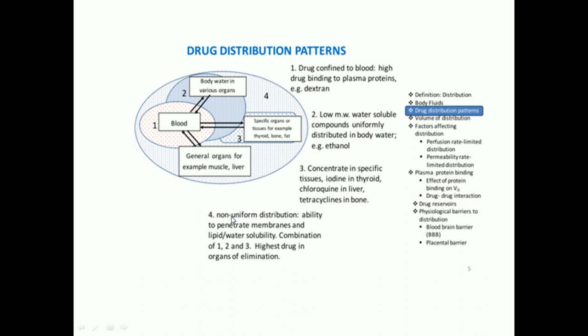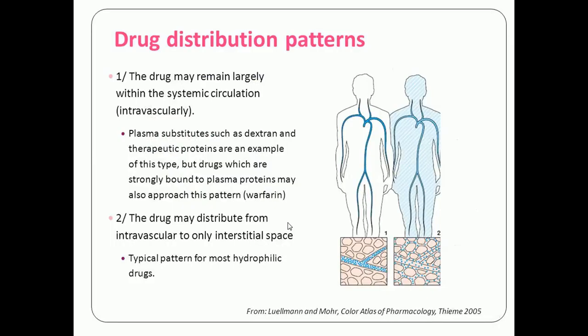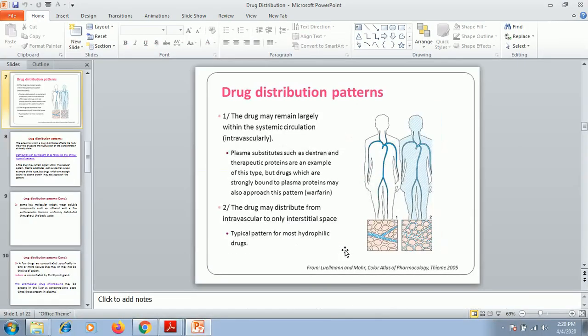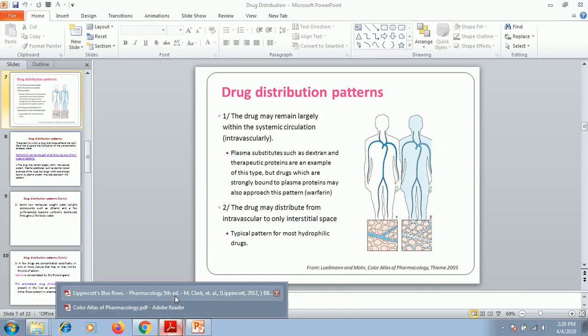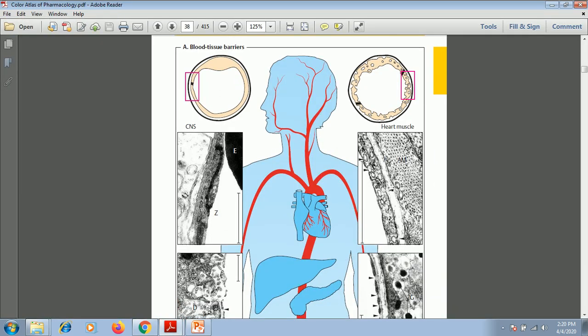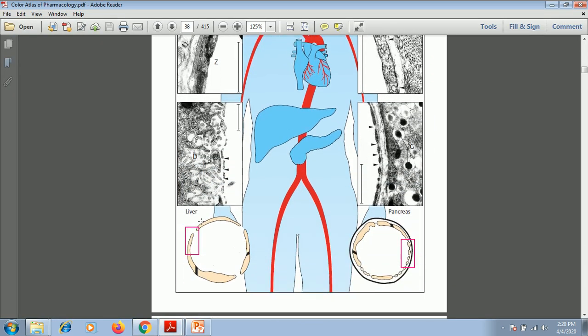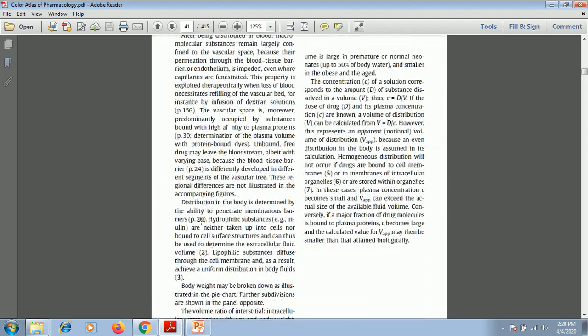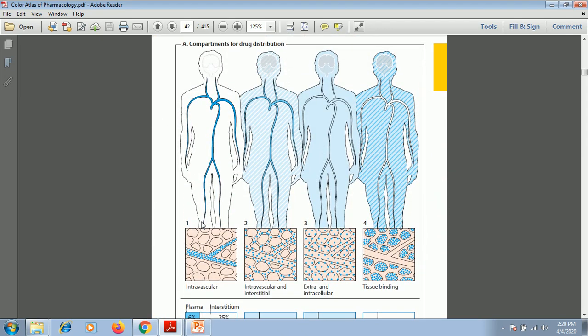The fourth pattern is non-uniform distribution. Here, if you see, we can see this diagram as well. Here are the 4 patterns of drug distribution. This is number 1, and this is number 2.